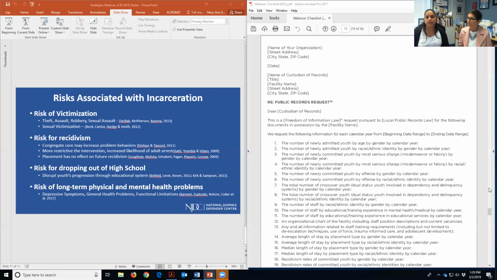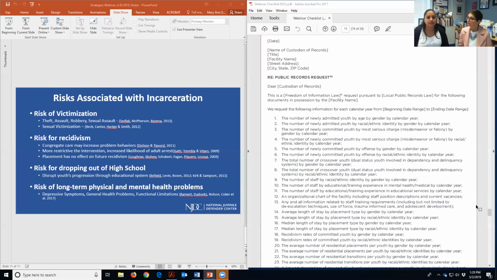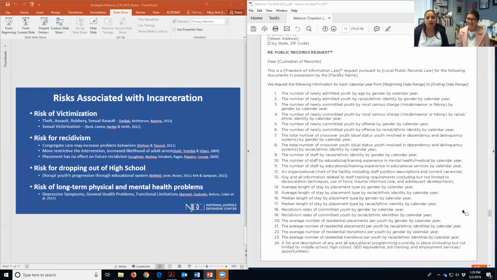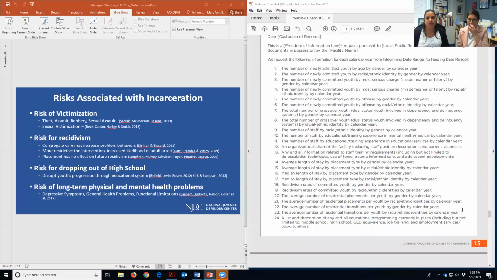So, things related to what the racial and ethnic breakdown is of the youth being housed in your facility, what the total number of crossover youth is, what the number of staff is, what the staff to youth ratio is within the facility, what the training requirements are, who they are trained by, what kind of training they receive prior to working at the facility or ongoing training that they receive.